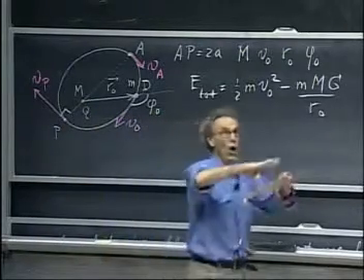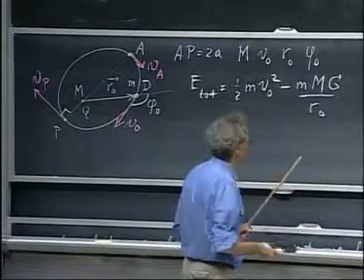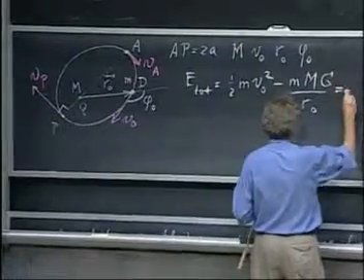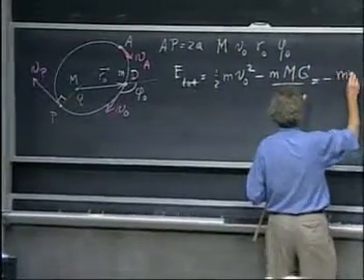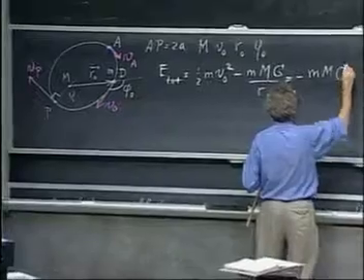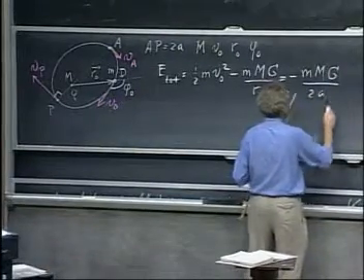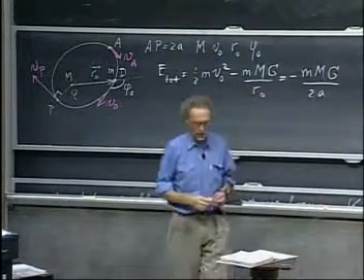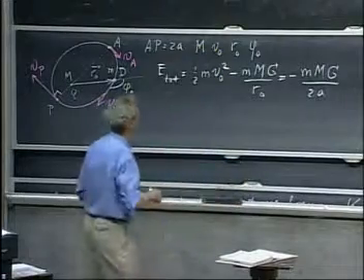This is the same throughout the whole orbit. So it must also be, according to equation 5, minus m M G divided by 2a.